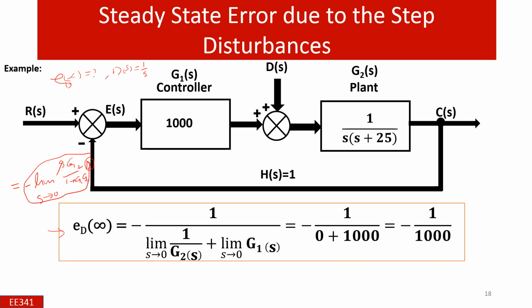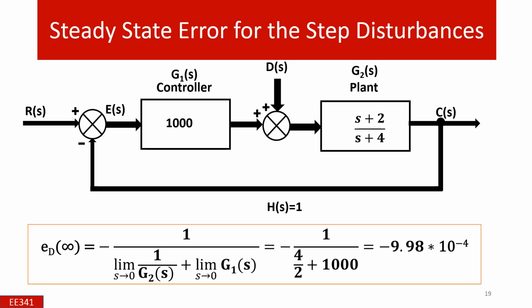Here we find a negative value of the steady state error. This negative sign shows that this steady state value is higher than the input value.